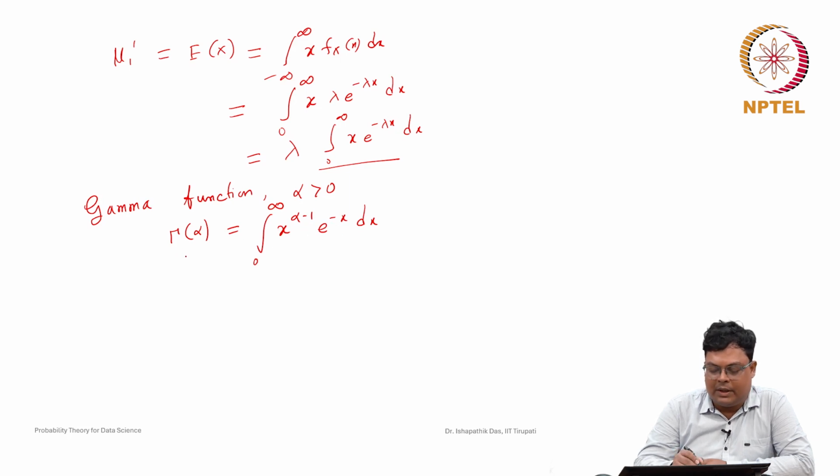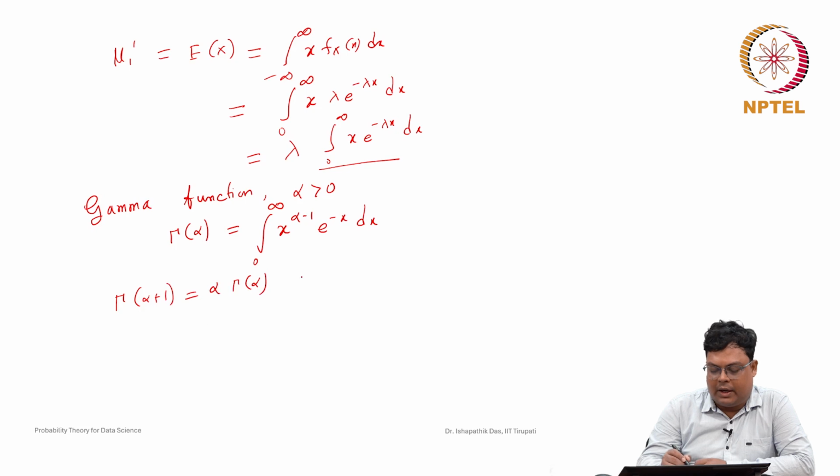This value is represented by gamma alpha. Now, alpha can be any real number, but there are some properties. Gamma of alpha plus 1 can be represented by alpha times gamma alpha.